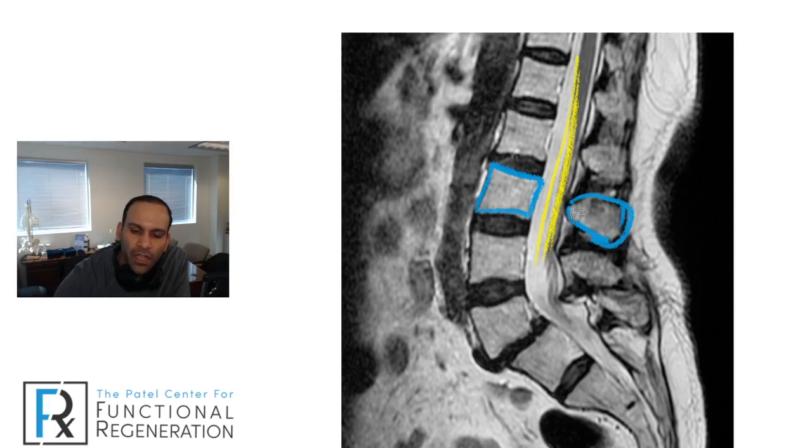We don't see the facet joints because this is a cross section right in the middle of the spine, so the facet joints are on either side of this particular image. We can see the disc in between these vertebral bodies. And for all intents and purposes, these segments up here are perfectly normal.